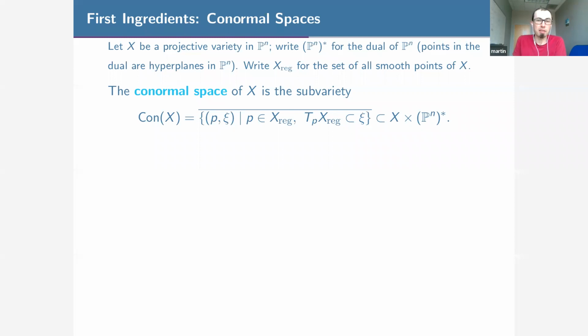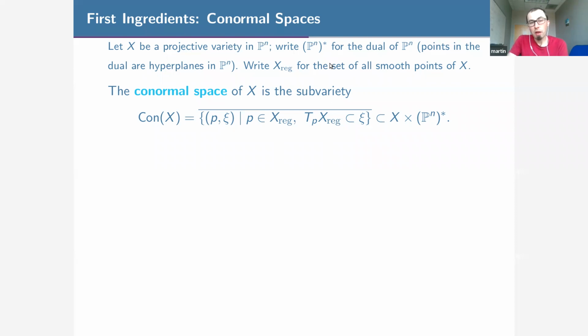But we'll stick to this case because it's a little cleaner to talk about. Okay, so we'll take X to be a projective variety, then we're going to write Pn star for the dual projective space. So points in the dual projective space are hyperplanes in the projective space, right?